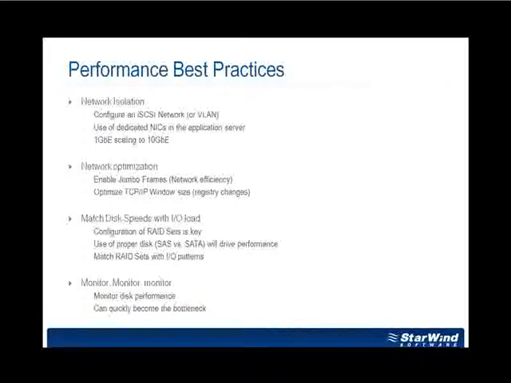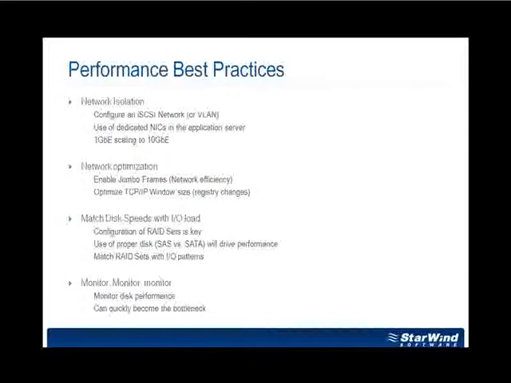Use of dedicated NICs in the application servers, again, critical. This is along the fiber channel model, only rather than using a fiber channel HBA, you're able to grab these commodity NICs, pull them off the shelf, slap them into your application servers so that you've got a private network set up for the iSCSI LAN itself.